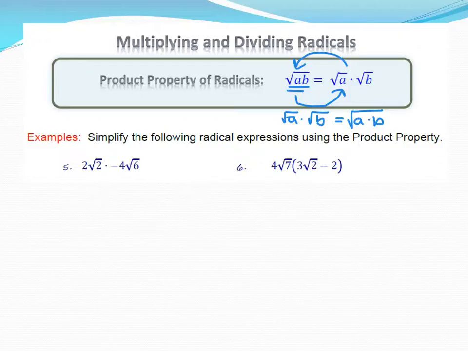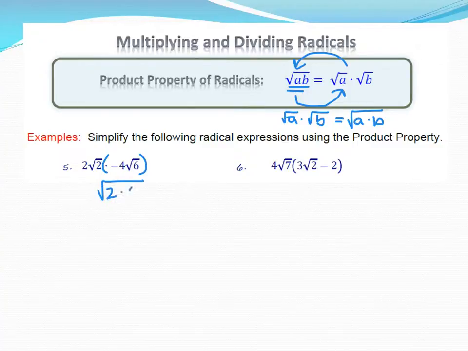So for example, be careful, this is not 2 radical 2 minus, but notice there's the dot there to represent multiplication. So I have 2 radical 2 times negative 4 radical 6. So using the product property, I'm going to take whatever's inside the radical. I have radical 2 and radical 6, and I can write that underneath one radical.